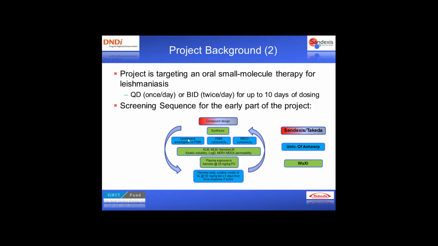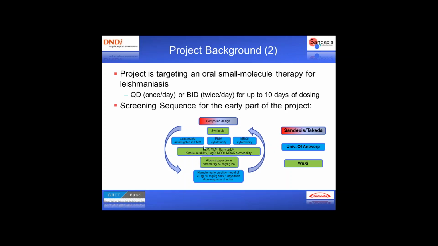If compounds pass certain criteria with respect to those screens, then we move on to a whole bunch of in vitro ADME screening: human, mouse, hamster liver microsomal stability, solubility, log-D, MDCK permeability. And after we've generated a lot of that data, we'll make a decision as to whether we progress compounds to hamster PK, so that's oral PK, a single dose of 50 mg per kg.